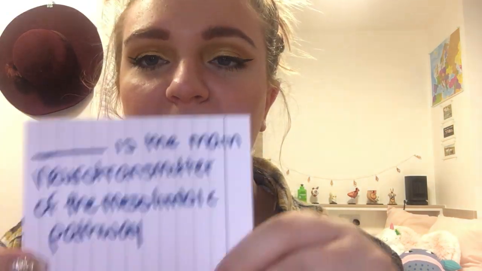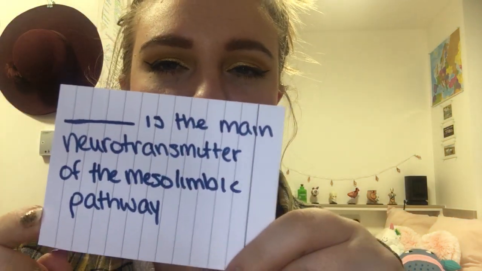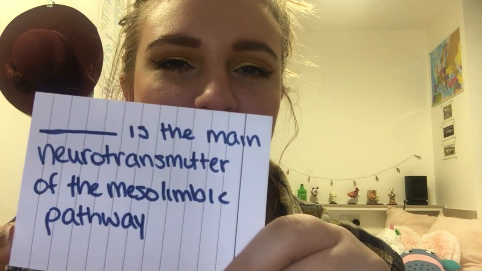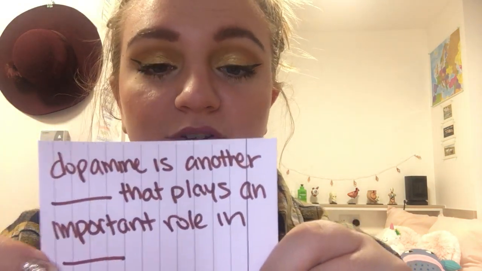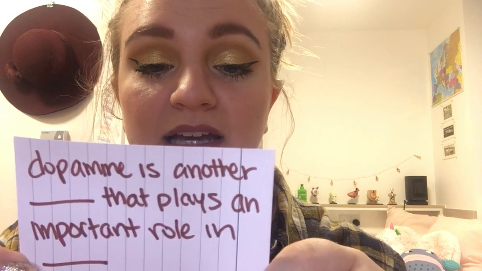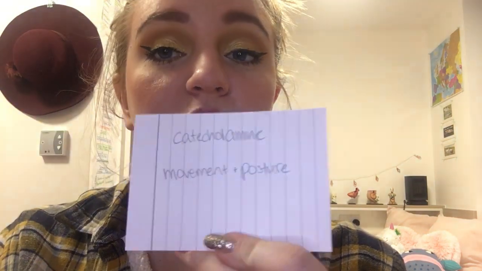Blank is the main neurotransmitter of the mesolimbic pathway. That's probably difficult if we aren't familiar with the mesolimbic pathway, but this is dopamine. Dopamine, just like we said earlier, is a catecholamine, and it plays an important role in movement and posture.